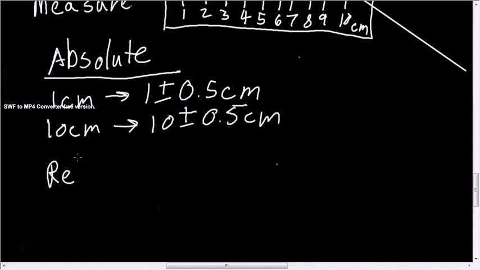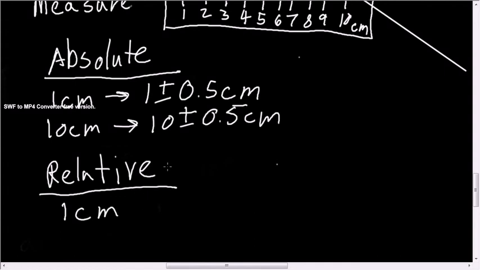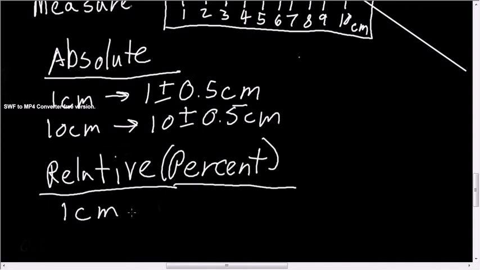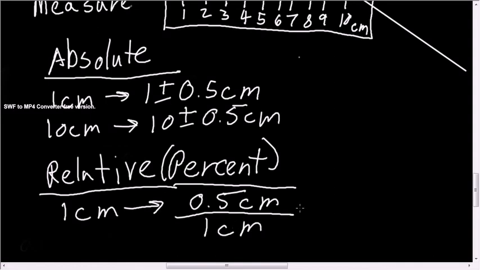Relative uncertainty. Okay, so for the 1 centimeter measurement, we'll measure percent uncertainty in this case. So I take the amount of uncertainty I have and divide it by the total measurement, and then I multiply it by 100 to get my percent uncertainty.